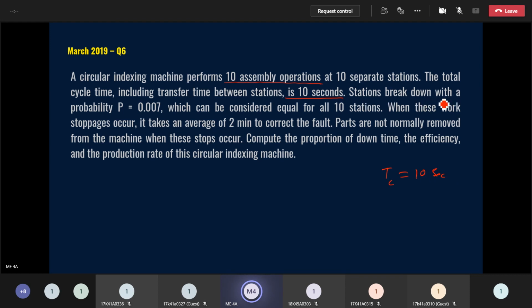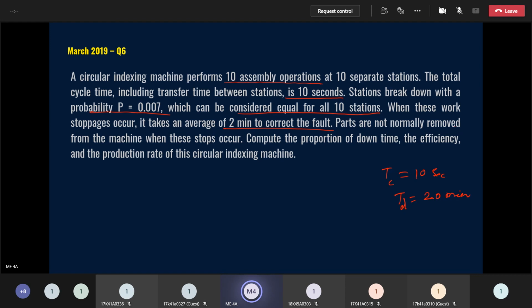Stations break down with a probability of 0.007, which can be considered equal for all 10 stations. When this work stoppage occurs, it takes an average of 2 minutes to correct the fault. That means the downtime is 2 minutes. Whenever the failure occurs, 2 minutes it takes to repair.